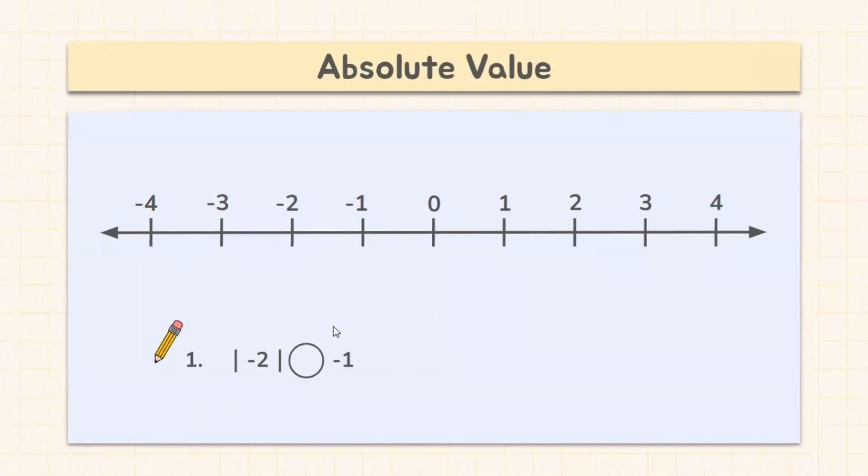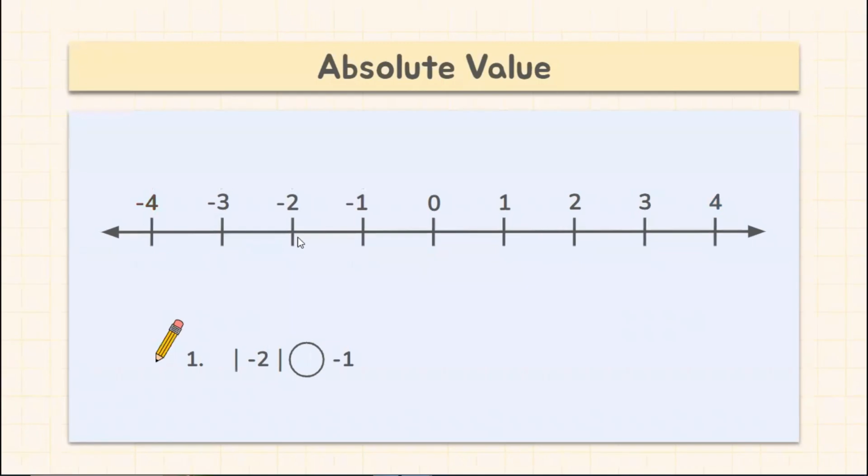So here we go. We are going to compare these 2 numbers now. We've got the absolute value of -2, and we have -1. So we're comparing the absolute value of -2 to -1. So if we find, here's -2.